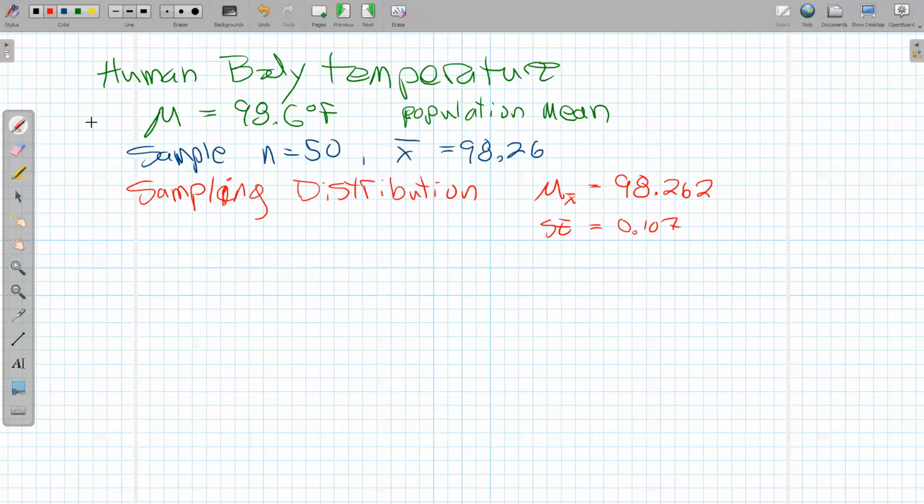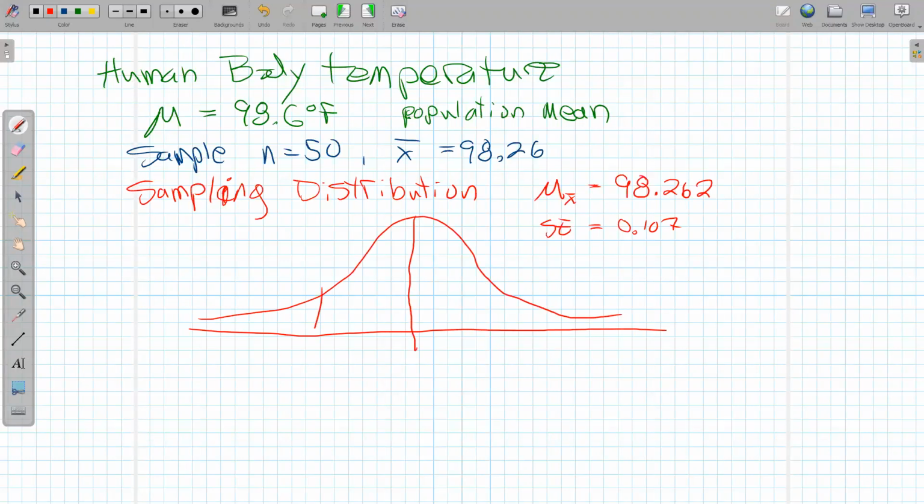And then the graph of that would look like this. We're putting 95% of samples of size 50 in the middle. That puts an average temperature, let's call that X bar for now, of 98.262.